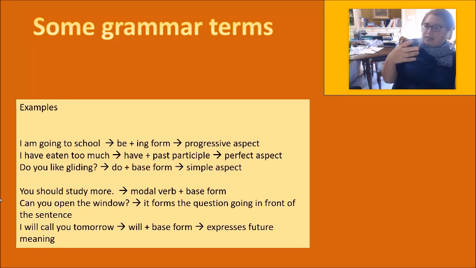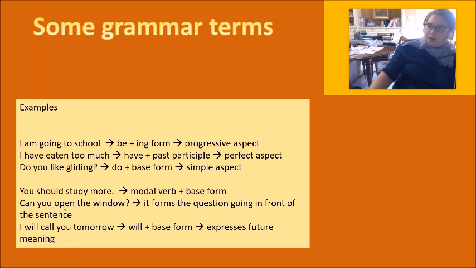So, sorry. And here again, some other examples with the modal auxiliary. You should study more. After the modal, we always must put the base form. So, should study. Can you open the window? Remember, it's an auxiliary, a modal auxiliary. So it goes in the question in the first position, can, then the subject, as always, and then the base form.